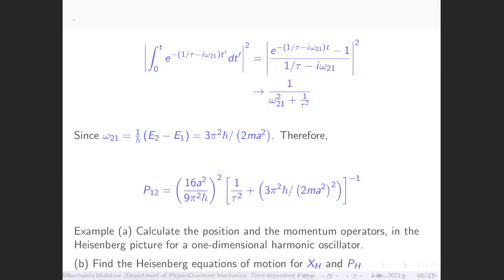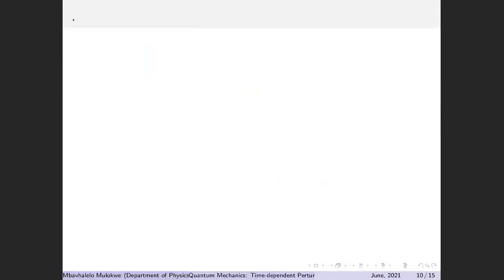Okay, so let's return to this example. What are the position and momentum in the Heisenberg picture? Any operator in the Heisenberg picture is given by e to the i H t over h bar, times the operator in the Schrodinger representation, times e to the minus i H t over h bar.